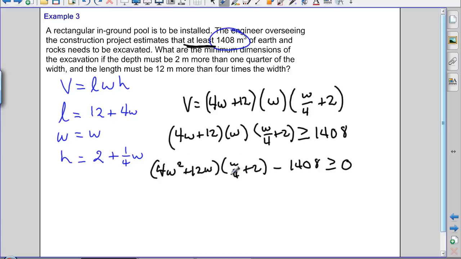Continuing to expand this out, we end up with W cubed plus 8W squared plus 3W squared. Remember the 12 and 4 divide to be 3, plus 12W minus 1408 is greater than or equal to 0.